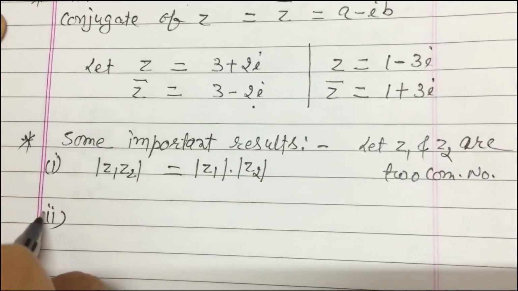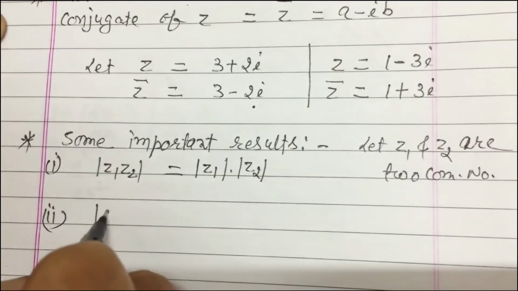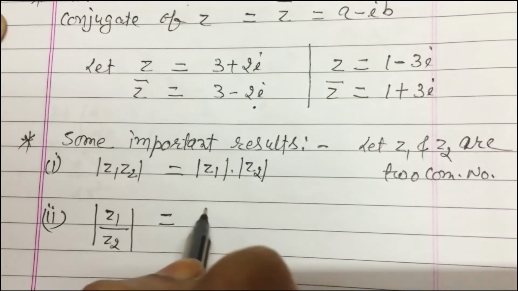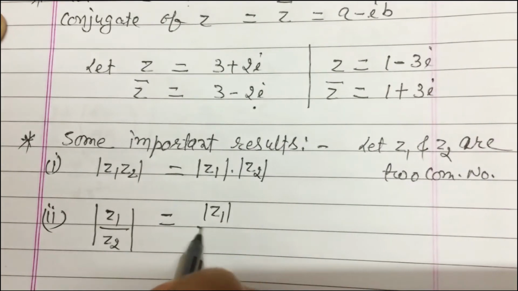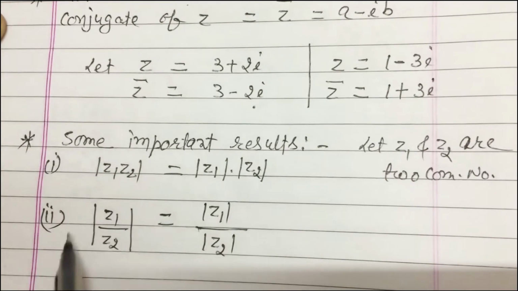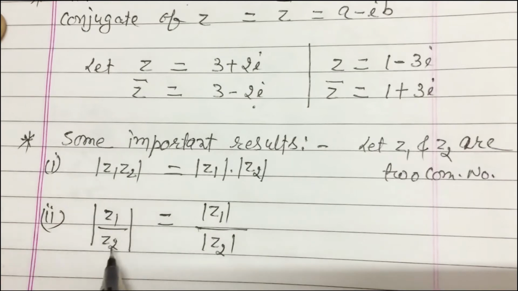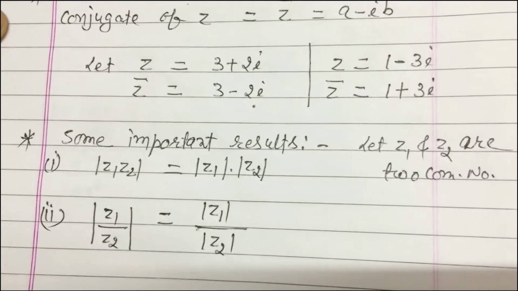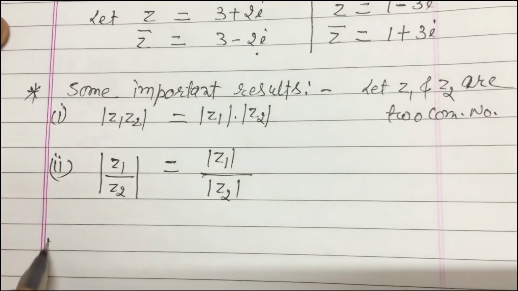Second, modulus of z1 by z2 is modulus of z1 divided by modulus of z2. If two complex numbers are given in division form and we have to find the modulus, you can take the modulus of numerator and modulus of denominator. These results are very important.